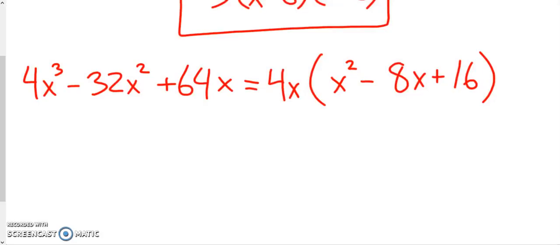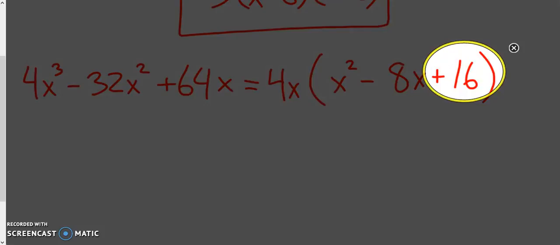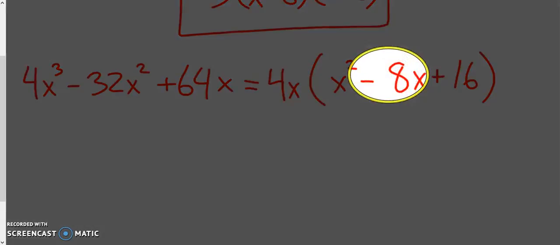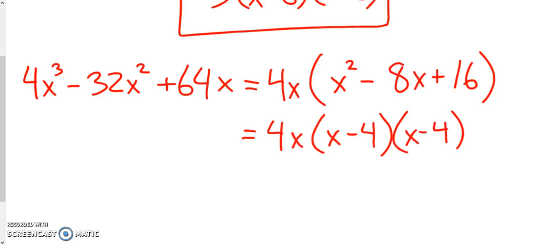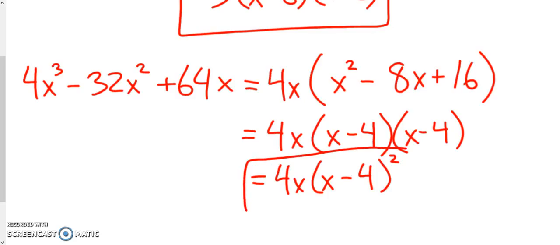All you need to say is, okay, what multiplies to give me 16, what adds to give me negative 8? And the answer to that would be negative 4 and negative 4. In other words, this is 4x times x minus 4 squared. Because those are the same, you can just have it as squared there.